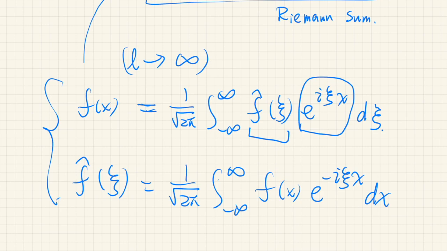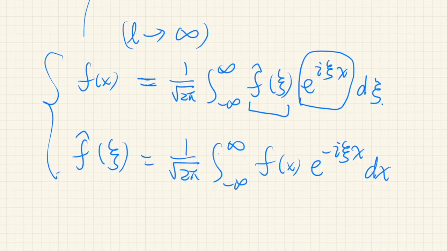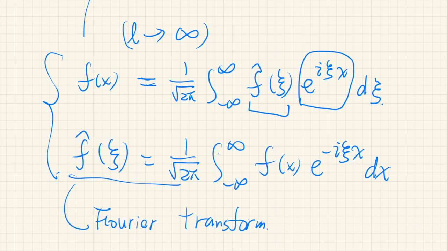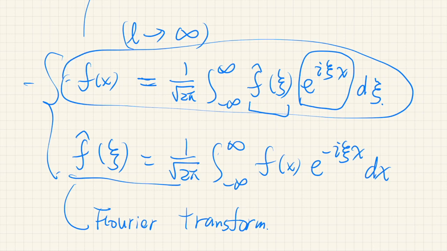This is called the Fourier transform of f, and this one is called the inversion formula. So given a function f, we can calculate its Fourier transform f hat, and from f hat, we can recover the original function f of x using the inverse Fourier transform.